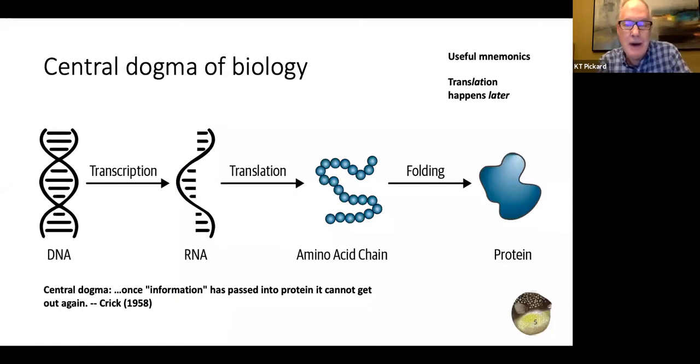central dogma of biology, famously written about by Watson and Crick in 1958. Watson kind of cheated a little bit and said it was the movement of DNA to RNA, and then from RNA into proteins. Crick was a little more specific about it, and really his comment was, you can see at the bottom left, once information has passed into protein, it can't get out again.